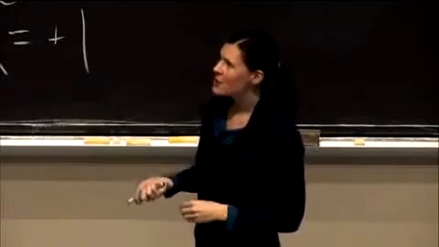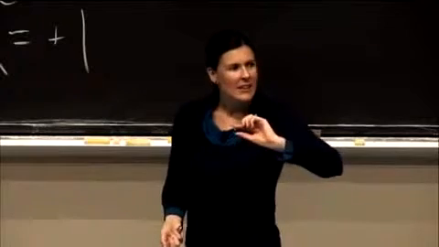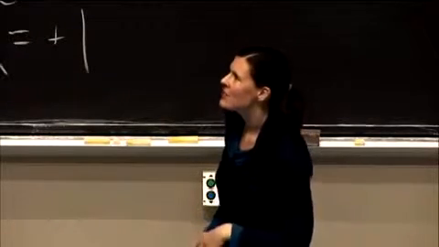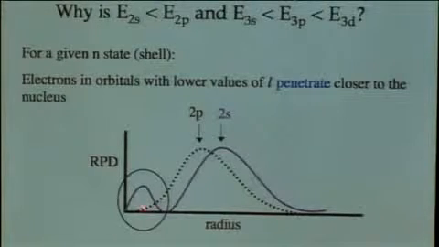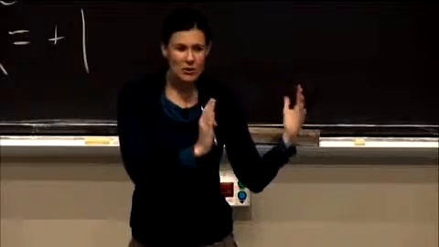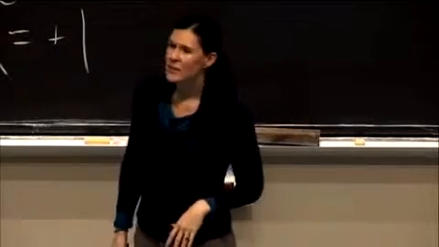So what is actually going to matter is how closely that electron can penetrate to the nucleus. And what I mean by penetrate to the nucleus is, is there probability density, a decent amount, that's very close to the nucleus? So if we superimpose, for example, the 2s radial probability distribution over the 2p, what we see is there's this little bit of probability density in the 2s, but it is significant, and that's closer to the nucleus than it is for the 2p.